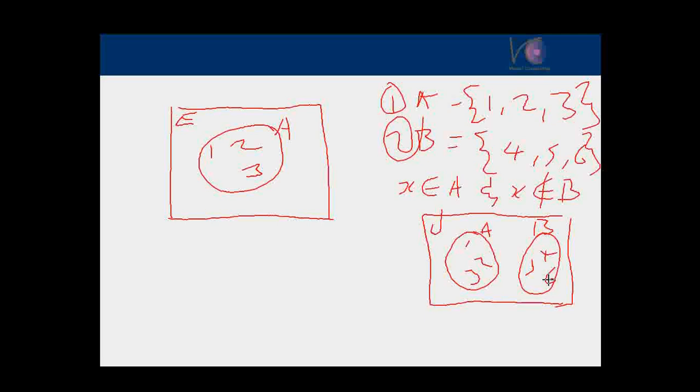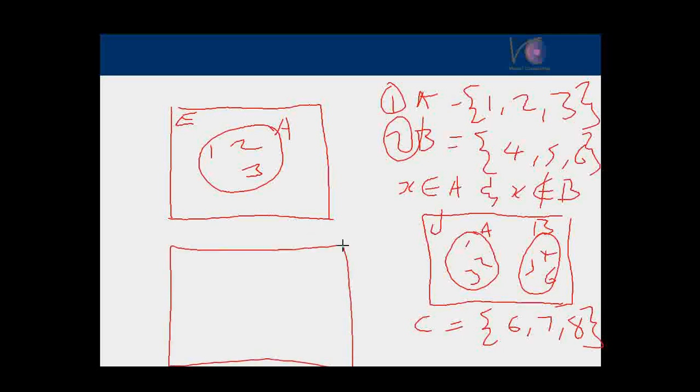So now, what if we happen to have our set C with the elements 6, 7, and 8? How do we present these three sets under the universal set? Same thing, begin by noting the universal set.